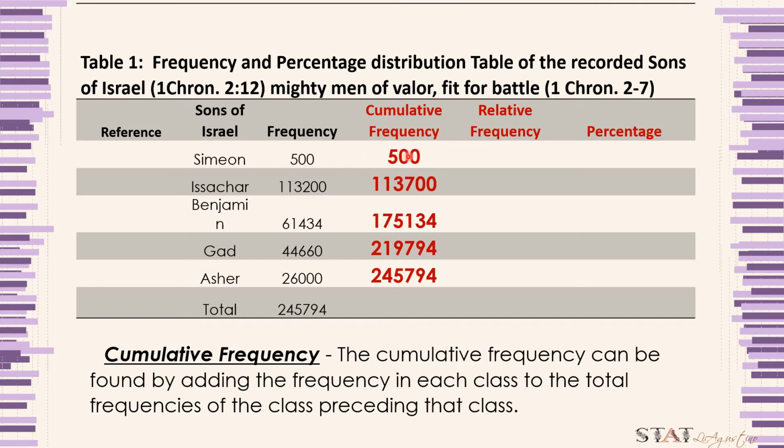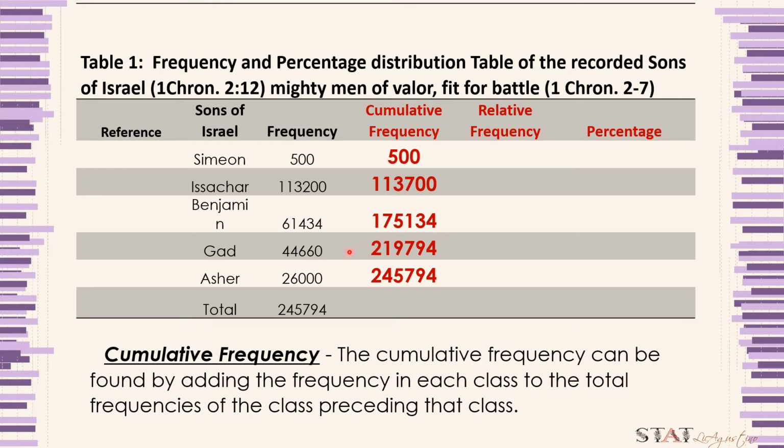So 500 and 500. Then by definition, what is the cumulative frequency in this row? We have to add 113,200 plus 500. So now we have 113,700. Same principle: 113,700 plus 61,434 is equal to 175,134.